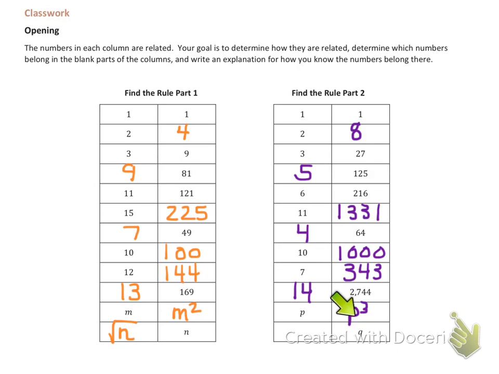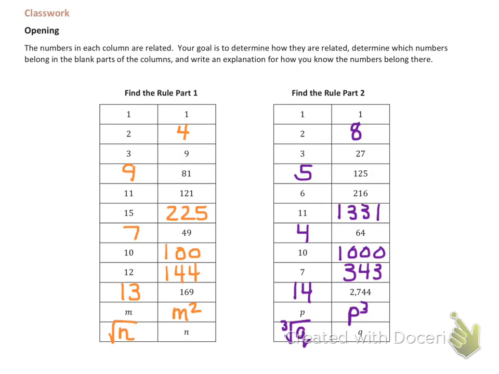If I'm given q, I need to know what number I can multiply by itself 3 times to get q. Okay, and we have a special notation for that, and it looks just like the square root, and I'm going to put q under it, except that we put a little 3 here.